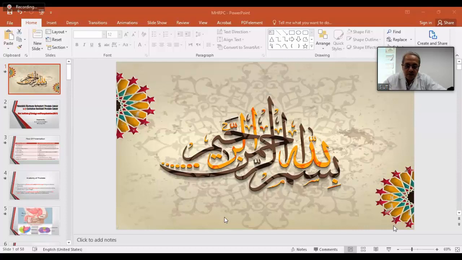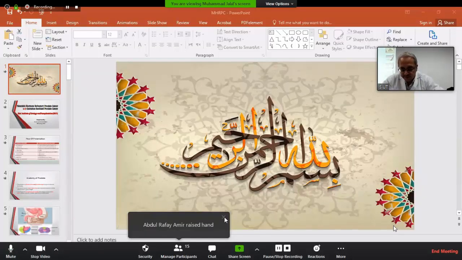So lower urinary tract symptoms will be the same whether you have prostate cancer or benign prostatic hyperplasia. So these cases do happen to be missed. If you don't have any doubt at the back of your mind, you won't look for it.